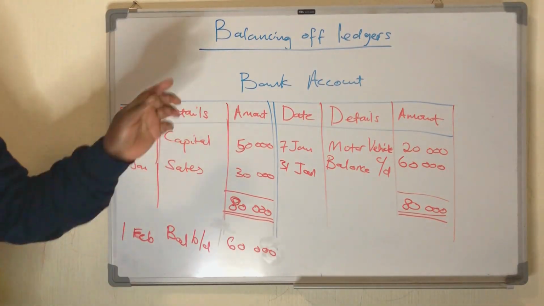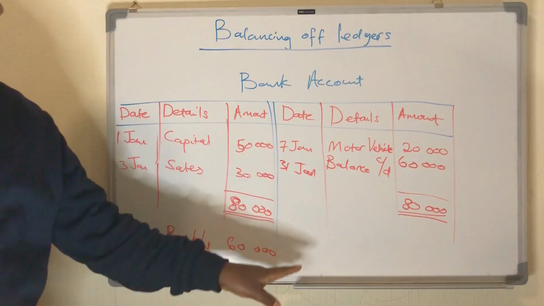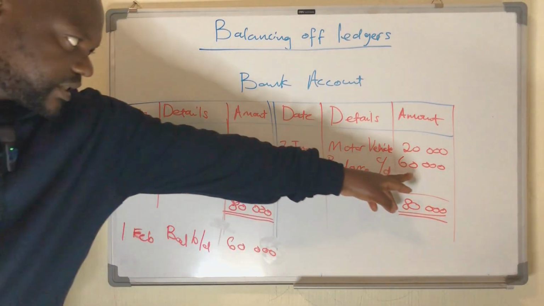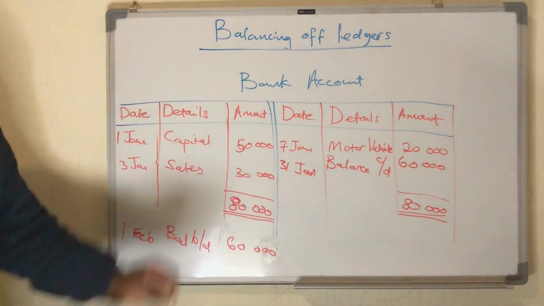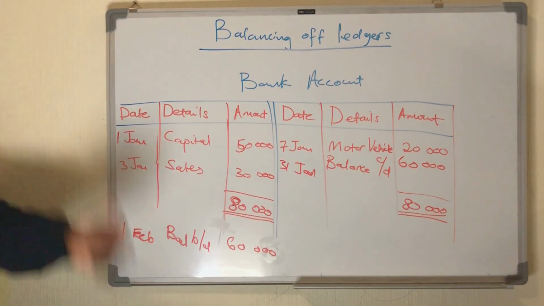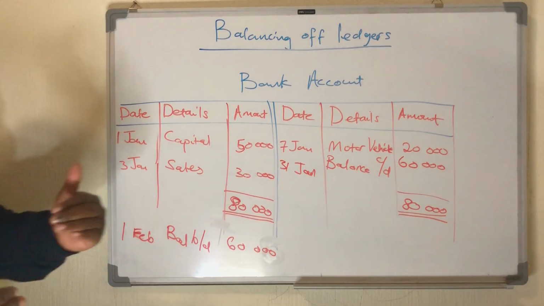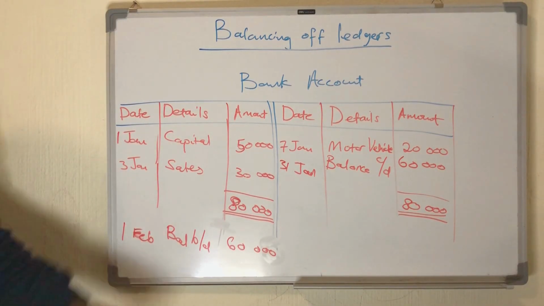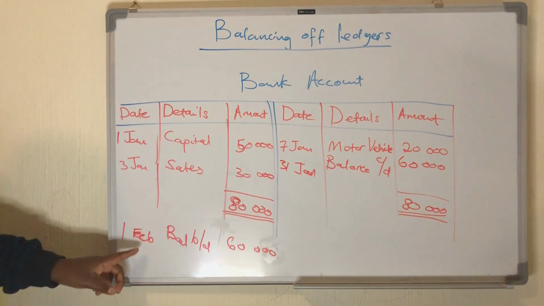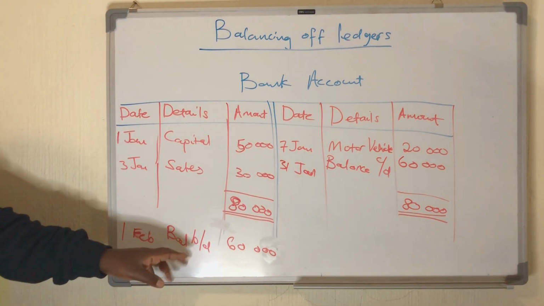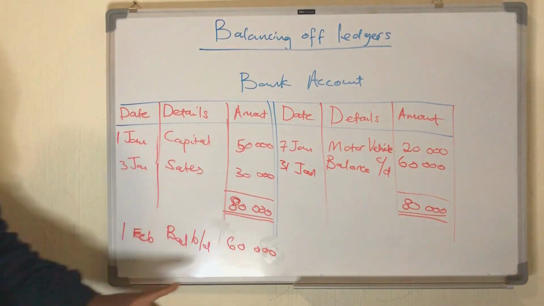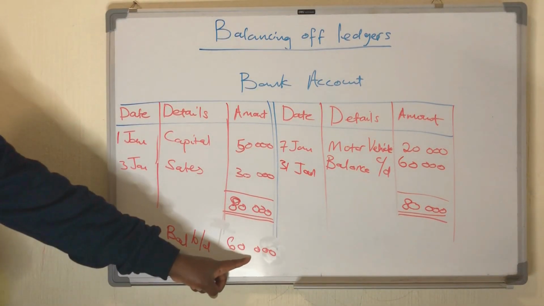So at the end of January, the money that is left in our bank account is 60,000. This is the same amount that we are going to start the month of February with. So balance CD becomes our balance brought down. The balance that we've brought down from January to February is 60,000.